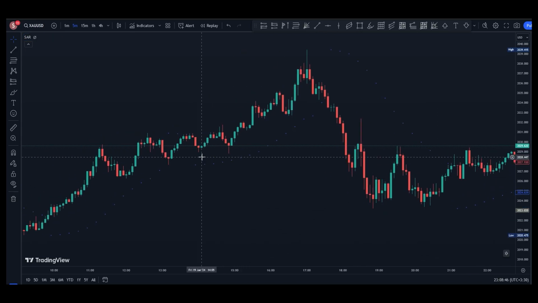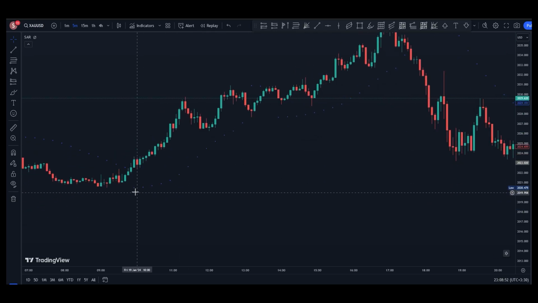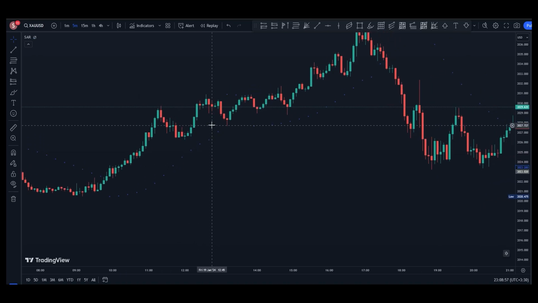Well, if we change it, you can see we can enter our trade if the Parabolic SAR is above.